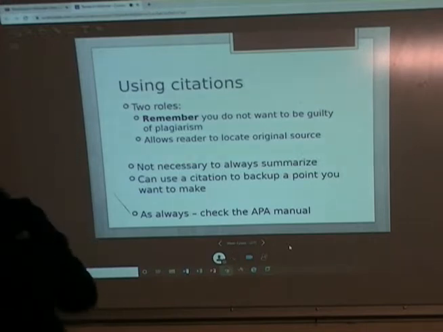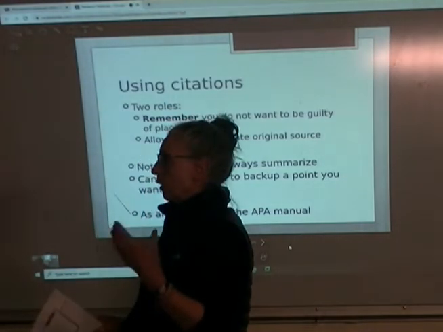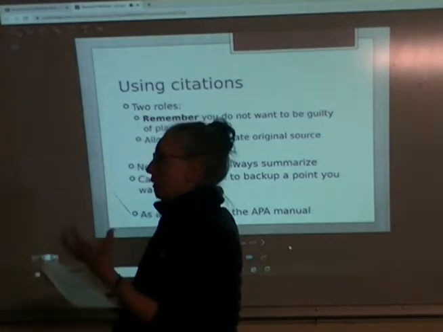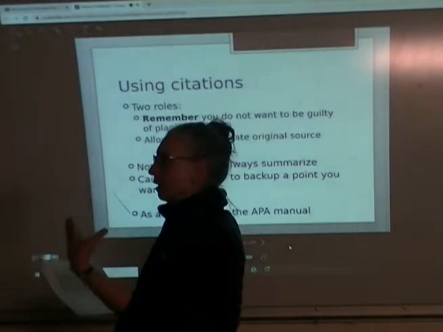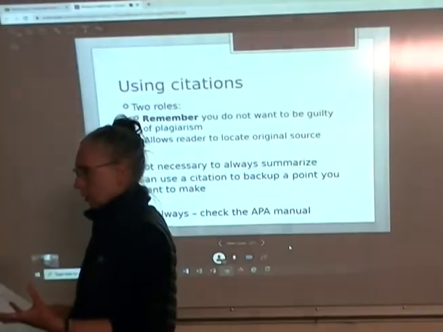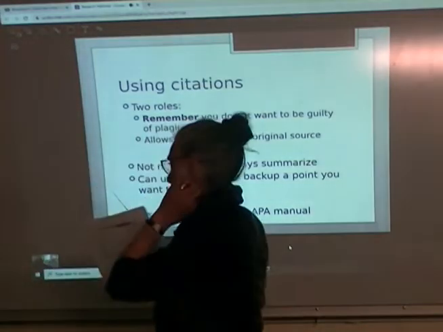Okay? So if you can, it's always better to go and locate the primary source. Sometimes you can't, and then you have to cite it as a secondary source, and they teach you how to do that in the chapter. All right? So you want to keep that kind of straight.